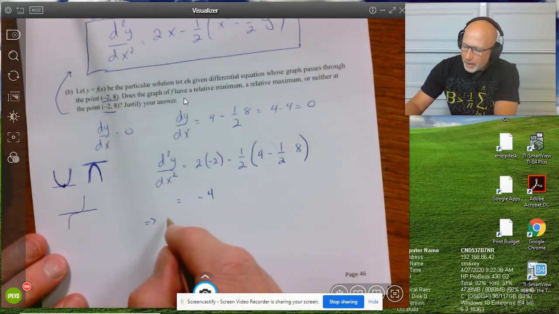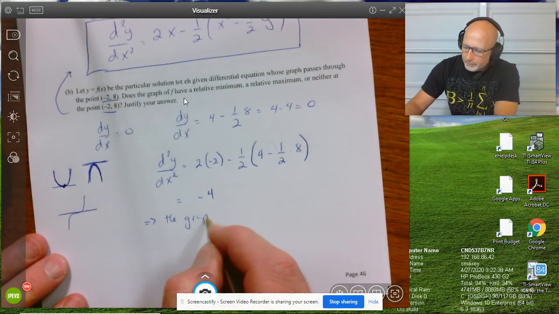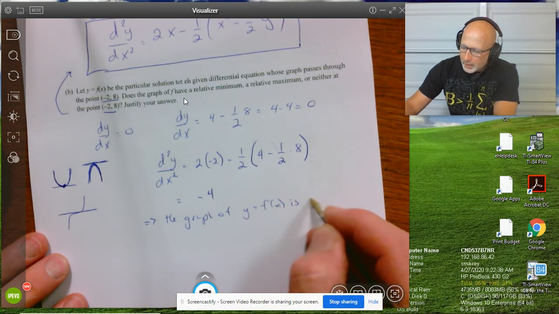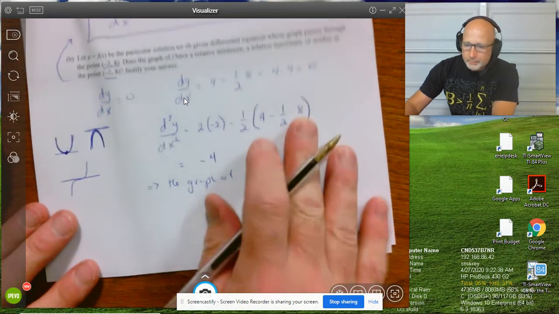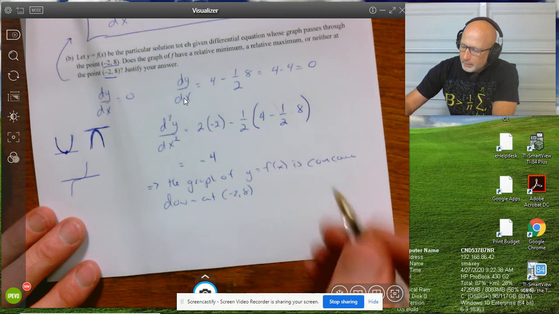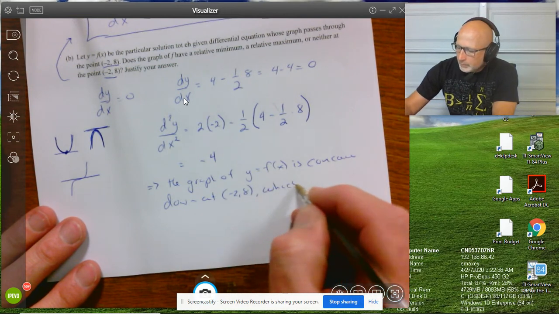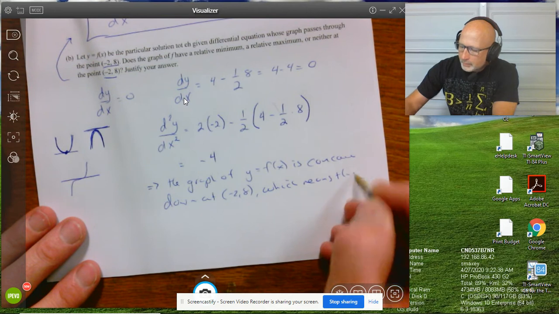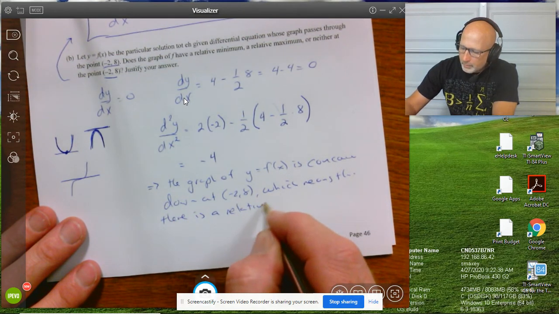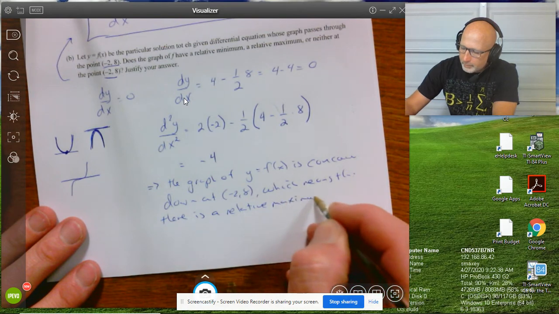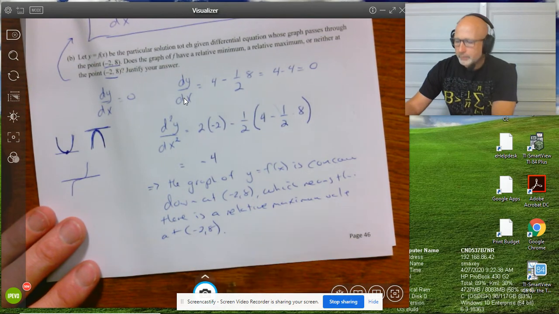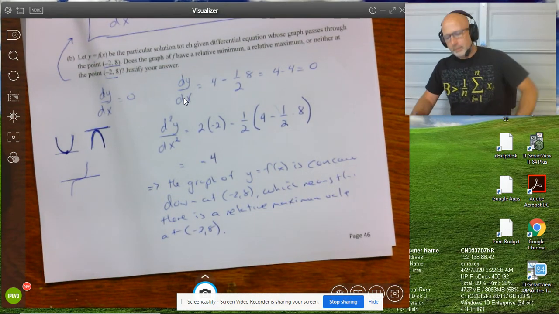It is negative, okay? This implies that the graph of y is equal to f of x is concave down at (-2, 8), which means that there is a relative maximum value at (-2, 8).